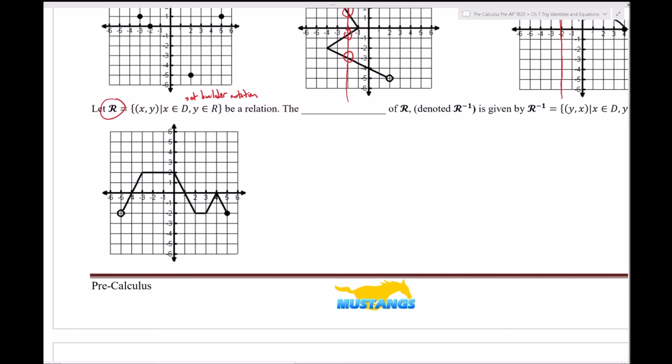The stuff to the right of that vertical bar are conditions that the thing to the left, x comma y, satisfies. So we take ordered pairs, x comma y, such that x is part of a domain, D, and y is part of a range, R. So they're just real numbers. Both x and y are real numbers, and we think of all the x numbers as part of the domain and all the y numbers as the range of a relation. So that's all that's saying. R is just a bunch of x comma y's.